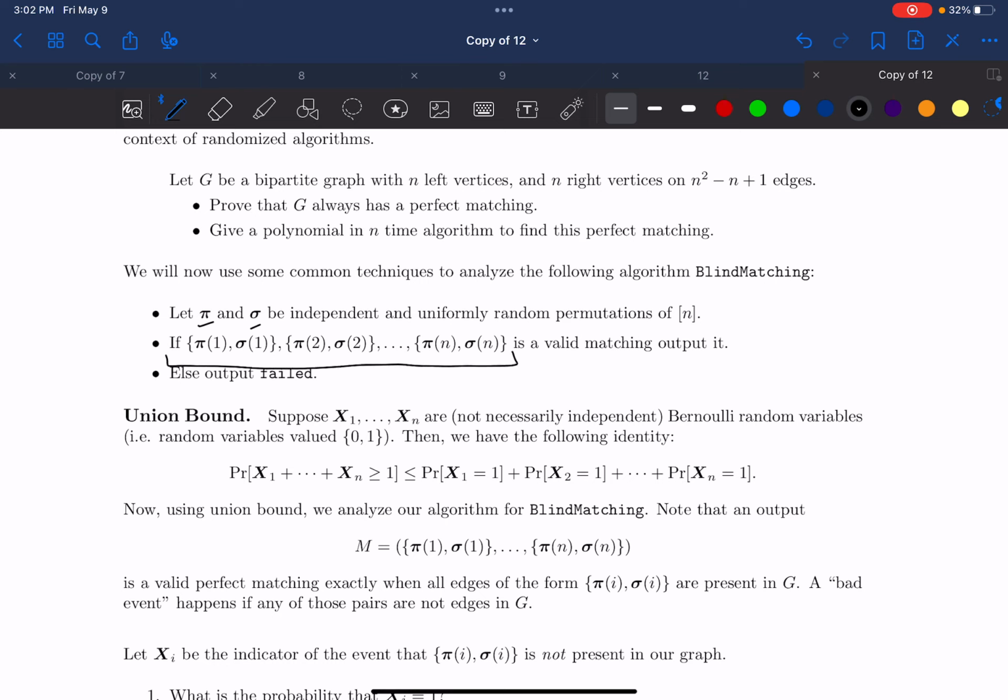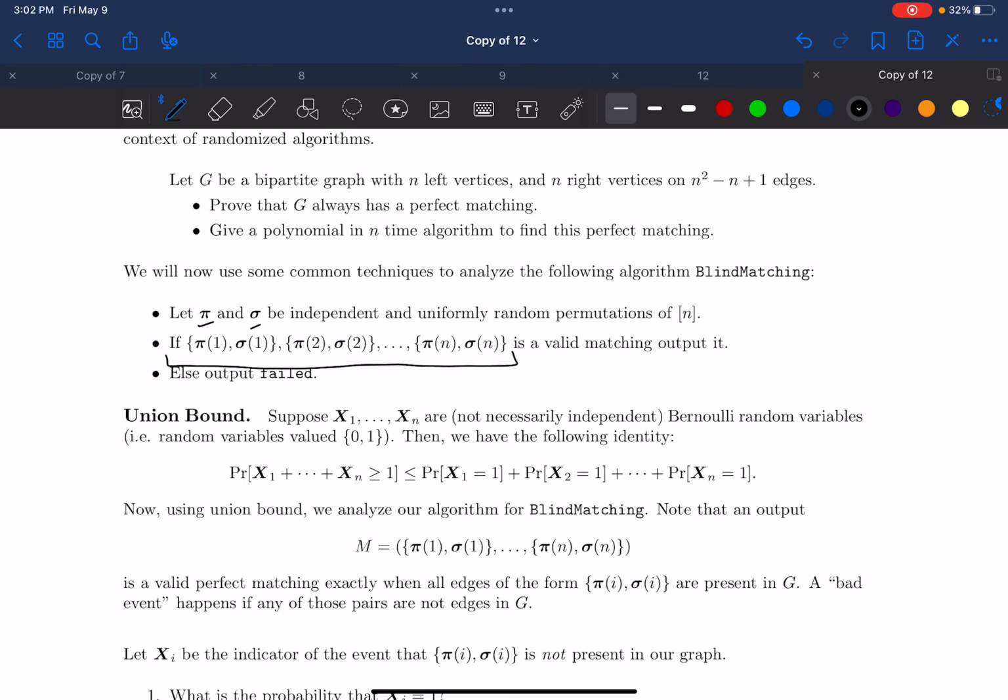A quick way to break this down, since there are a decent amount of ideas here and it's easy to get lost on what this algorithm is doing: remember that we have n left vertices and n right vertices, so we have our graph looking like this. And remember, it's a bipartite graph, so we always have edges going from the left to the right, and vice versa.